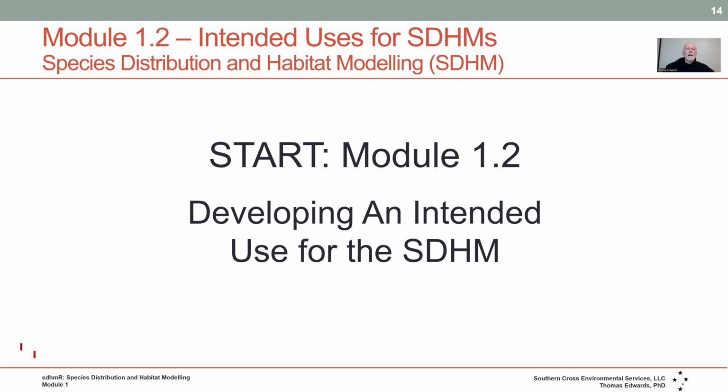Okay, welcome back to the introductory videos for the NCTC course you'll be taking in a couple of weeks on species distribution and habitat modeling. This is the second of the introductory videos, and this one deals with developing an intended use for your distribution and habitat model.